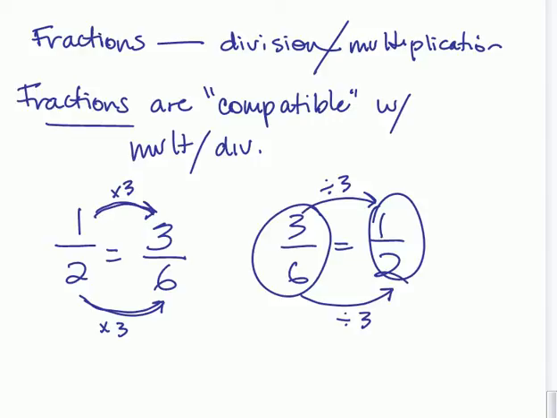Okay, let's see. I'm going to cover 2 more topics really quickly here. And the one thing is, and you probably know this word, reciprocal. Reciprocals are just, in terms of multiplication, the opposite.